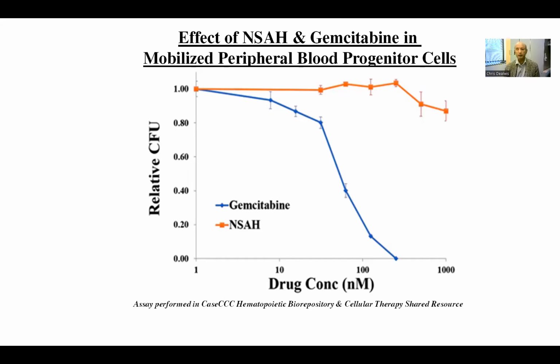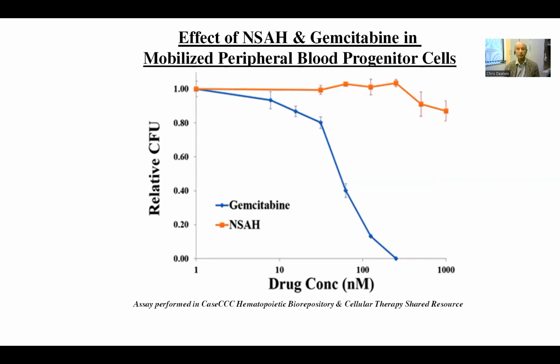Okay. Now, here we're trying to compare how good this drug is against gemcitabine. And what I'm showing you here is an assay done with bone marrow cells. The reason why we choose bone marrow cells is because gemcitabine is extremely toxic to bone marrow cells, and that's why it's not a great therapeutic.